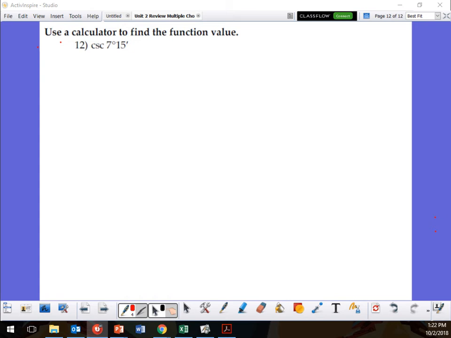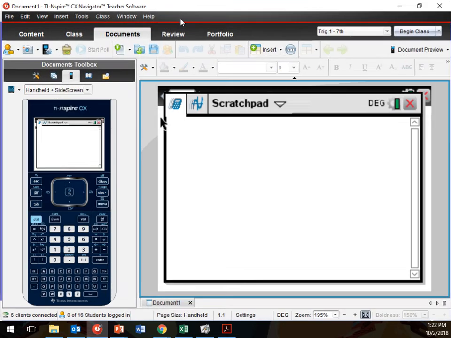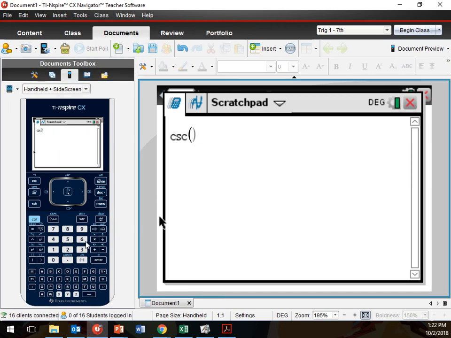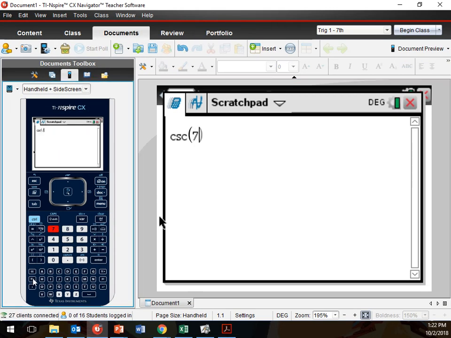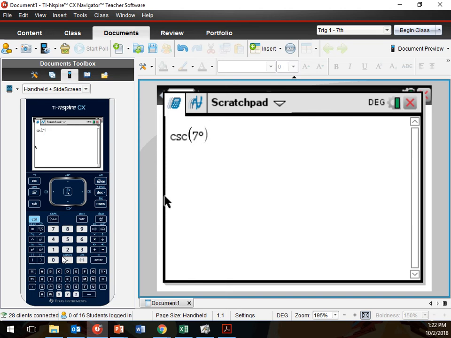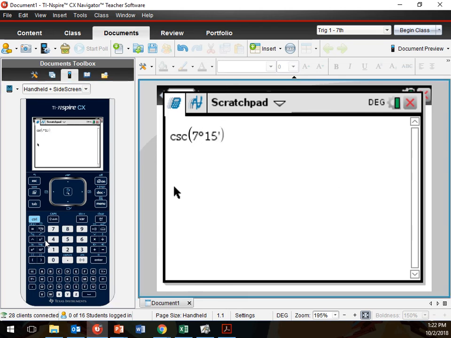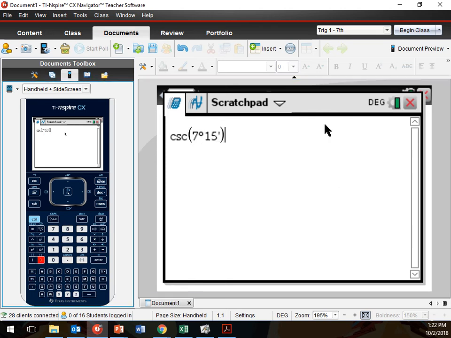Alright, it is cosecant 7 degrees, 15 minutes. So, trig, cosecant 7 degrees, 15 minutes. Is it in degree? Yes, it is.